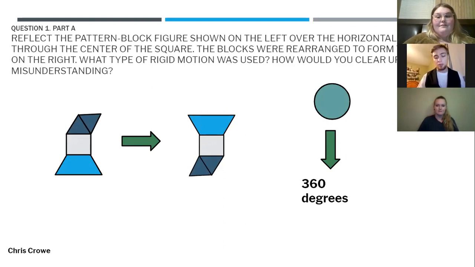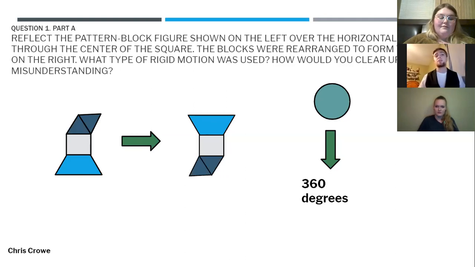So for this problem here, we see that the goal was to try and reflect the figure, and now we have to understand, is the current transformation we see a reflection or is it something else? And if it is something else, what should a reflection actually look like? So this figure right here is actually not a reflection, but a rotation. You can understand that by looking at a circle as an example. A circle is 360 degrees all the way around.